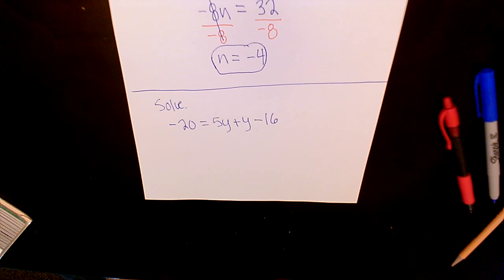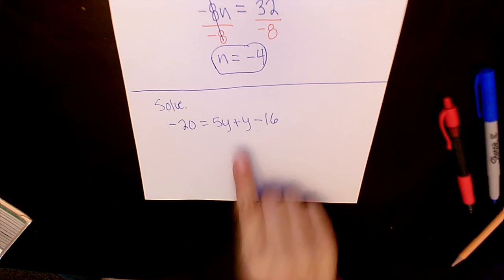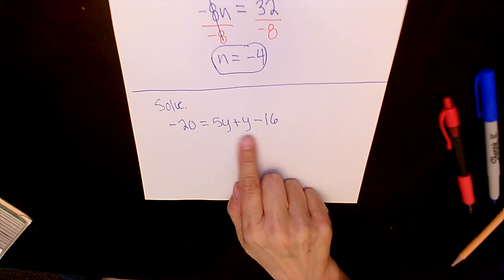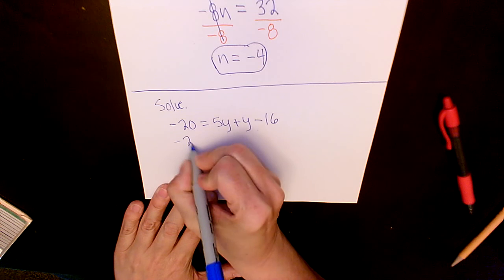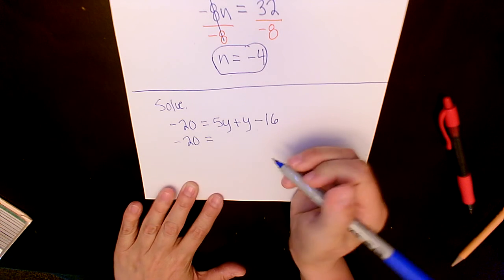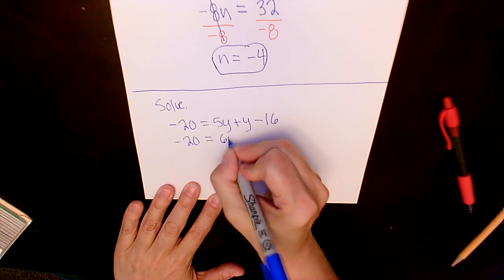Negative 20 equals 5y plus y minus 16. Okay, we do have like terms. This is 5y and 1y. We don't see the 1, but it is 1y. So let's add those together. 5y plus 1y is 6y.